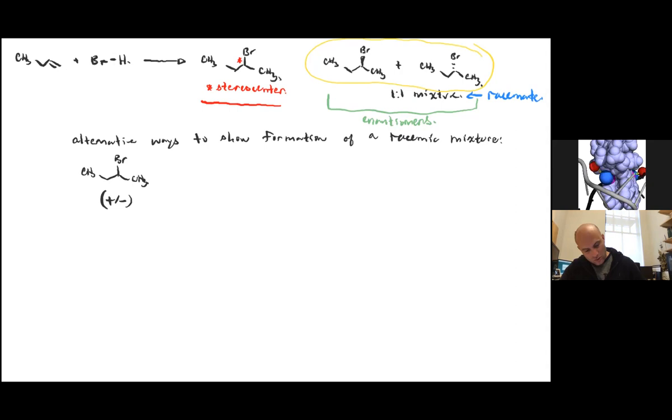Okay, and so that sign tells me that I've got a one-to-one mixture of enantiomers, the dextrorotatory and levorotatory, right? That's what a plus and minus mean.